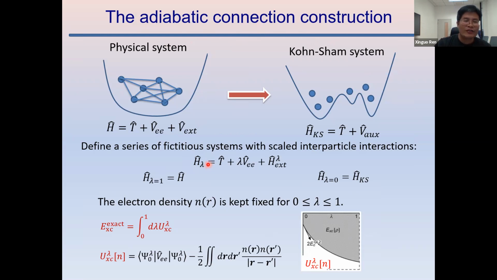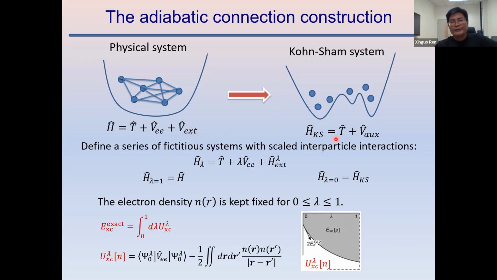The idea is the following. Suppose we have a physical system of interacting many electrons, described by this Hamiltonian, which contains three terms: the kinetic energy, the electron interaction energy, and the external energy.